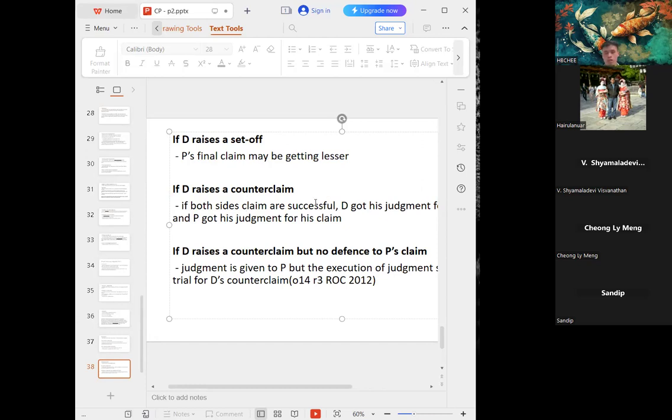So in the original action, A is the plaintiff, B is the defendant. In counterclaim, B will become plaintiff, A will become the defendant.